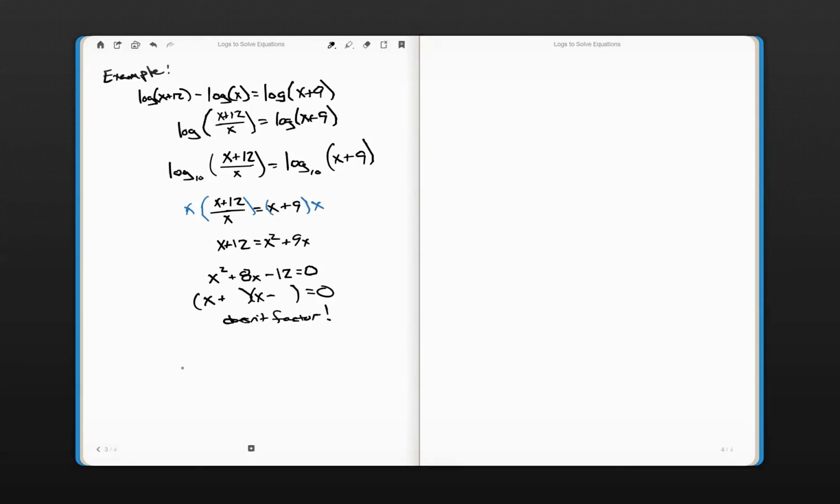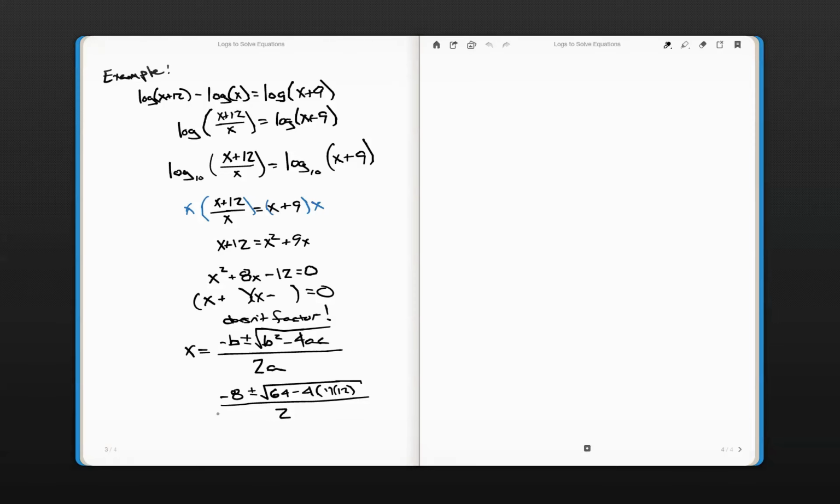Oh, well, fortunately we developed this tool that says x equals the opposite of b plus or minus the square root of b squared minus 4ac all over 2a. So what does that mean? Negative b, so it's negative 8 plus or minus the square root of b squared, 64, minus 4 times a, which is 1, times c, all over 2 times 1.